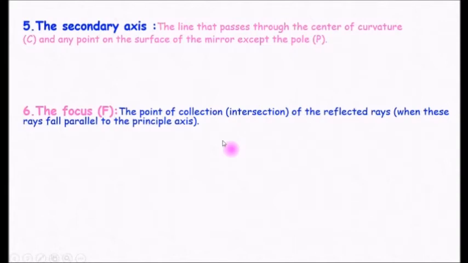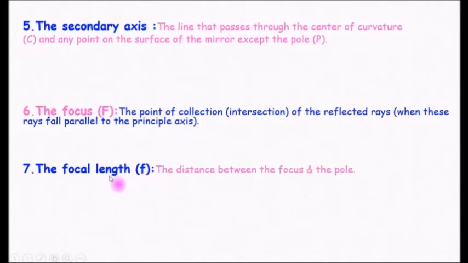So the focus is the point where the collection or intersection of all the reflected rays happens. We agreed that mirrors do reflection of light. The intersection of all the reflected light rays at one point, we call it the focus. The focal length, or f small, is the distance between which two points? Between the focus and the pole.